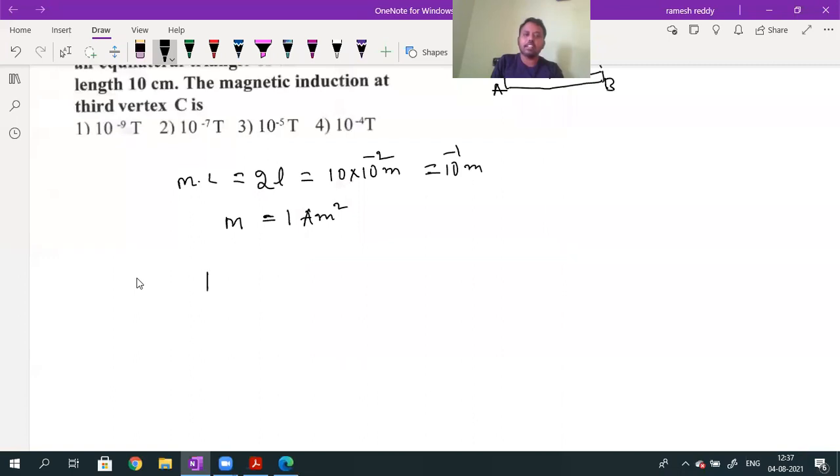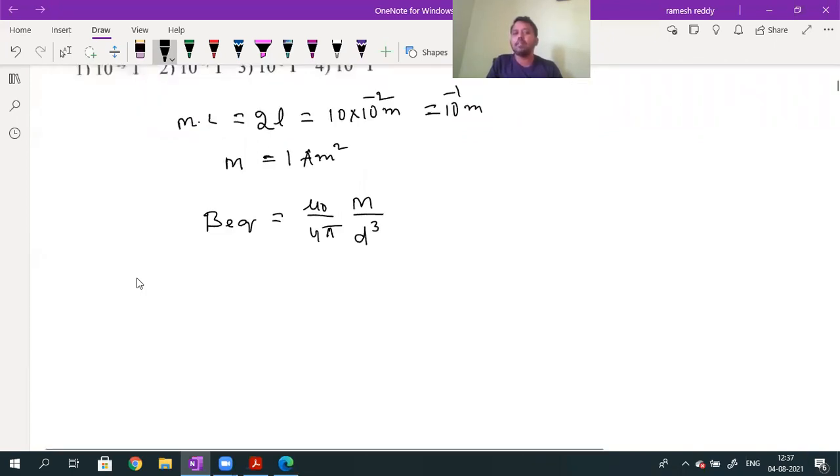B on equatorial line is equal to mu naught divided by 4 pi, into M, capital M divided by d cube. If it is not a short bar magnet, then we need to write the formula as d square plus L square whole power 3 by 2.